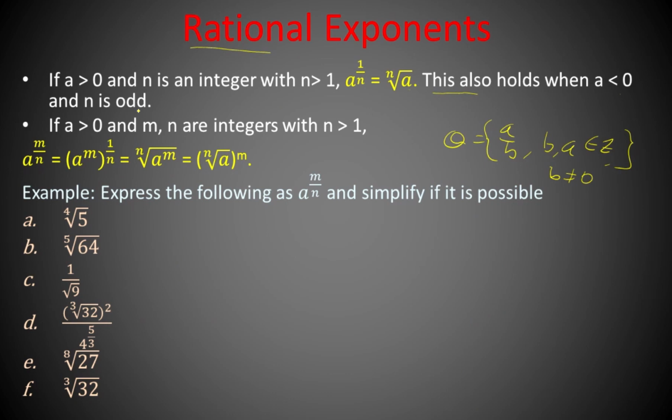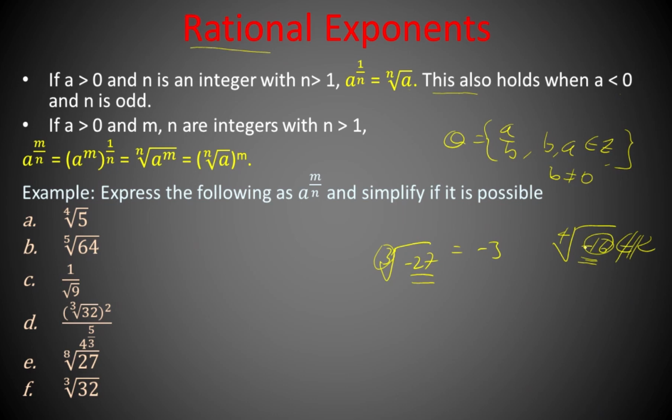But the fourth root of negative 16 does not belong to the real numbers, because there is no real number that gives a negative after we multiply it an even number of times. So in this context, this is not a real number. In this context, the number should be a positive real number.